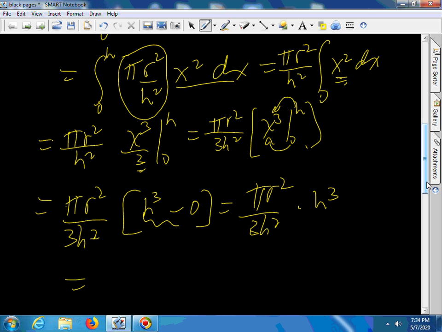And we are done. Because if you kill off 2 h's in the bottom and 2 in the top, you have 1 h left in the top. Pi r squared h divided by 3. That is the volume of a cone whose height is h and whose radius is r.